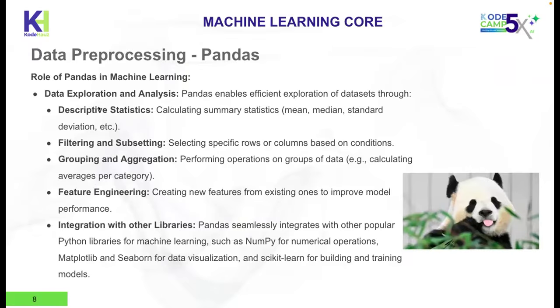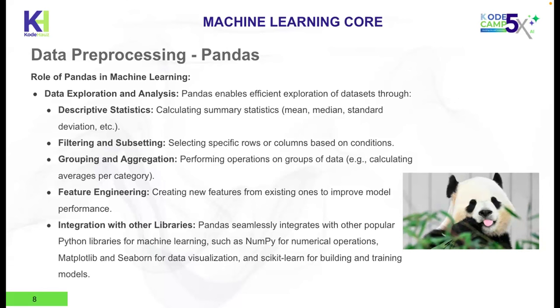The other things that Pandas can do for you is data exploration and analysis. So it enables efficient exploration of data sets. You can do statistics on the data. Remember, Pandas is handling a huge amount of data that comes in rows and columns. You can do summaries, you can do mean, median, standard deviation, and so on.